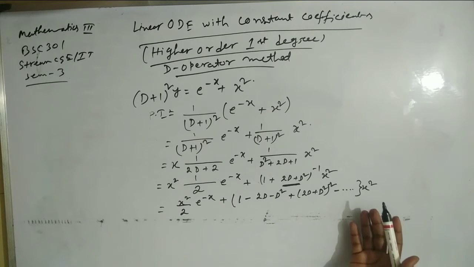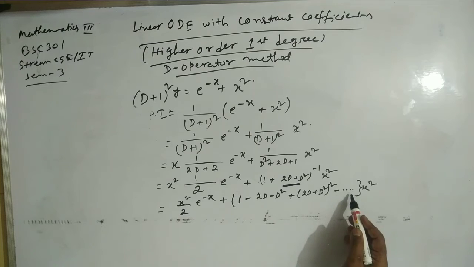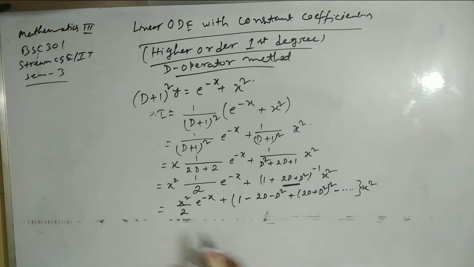After first order differentiation it will be 2x, after second order differentiation it will be 2, and after that it will be 0. So the more terms you write, the power of D will increase, and that will bring us a result of 0.